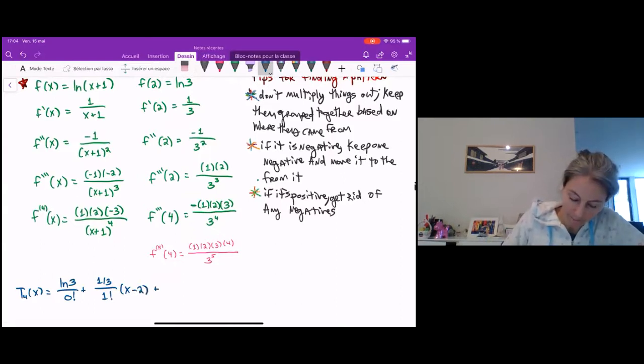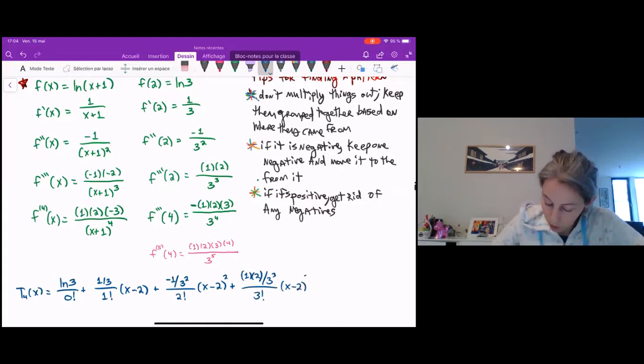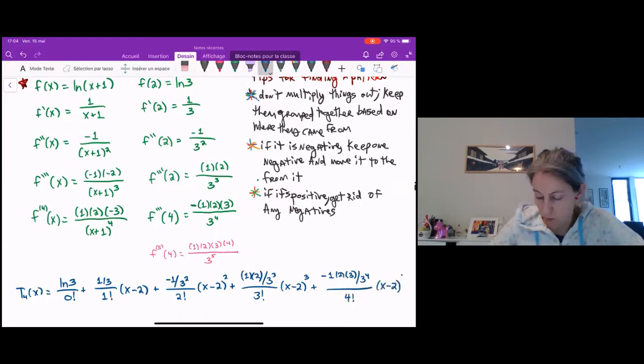plus negative 1 over 3 squared over 2 factorial times x minus 2 cubed. I'm sorry, by cubed I mean squared, plus 1 times 2 over 3 cubed over 3 factorial times x minus 2 cubed plus negative 1 times 2 times 3 over 3 to the 4th over 4 factorial times x minus 2 to the 4th.